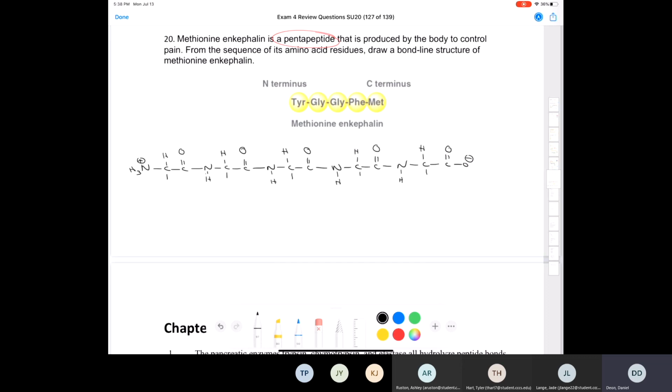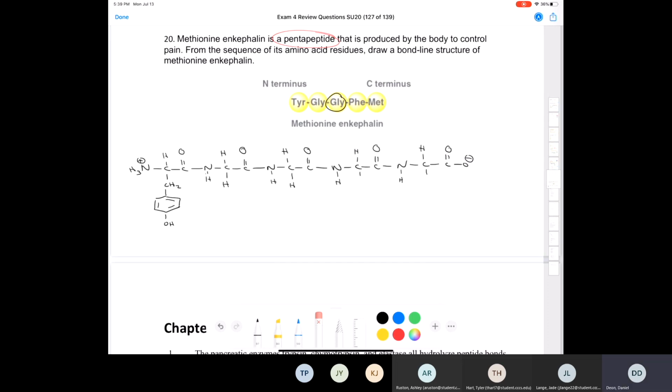First we'll do a tyrosine. A tyrosine, you'd have to look this up because I don't expect you to memorize all of the amino acids. Here's a tyrosine. The next one is a glycine, and then the one following that is a glycine. Luckily, glycine is the easiest amino acid in the world because the R group is just a hydrogen. So we'll fill out both of those.